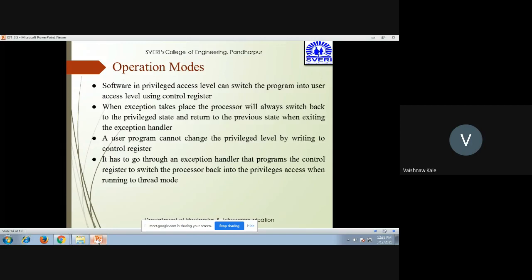It has to go through an exception handler that programs the control register to switch the processor back into privileged access when running in thread mode. So it has to go through an exception handler.